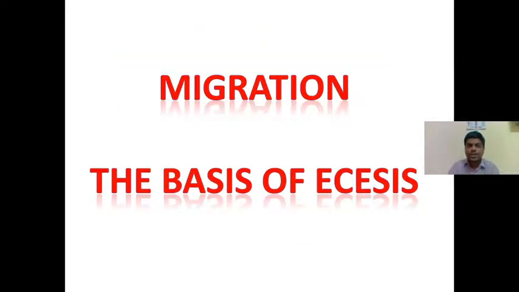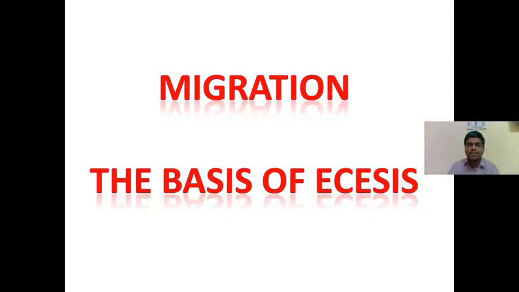First of all, before moving further, we should know a little bit of background about Ecesis, or the basis of Ecesis, and migration is considered the basis of Ecesis. Now, what is migration?